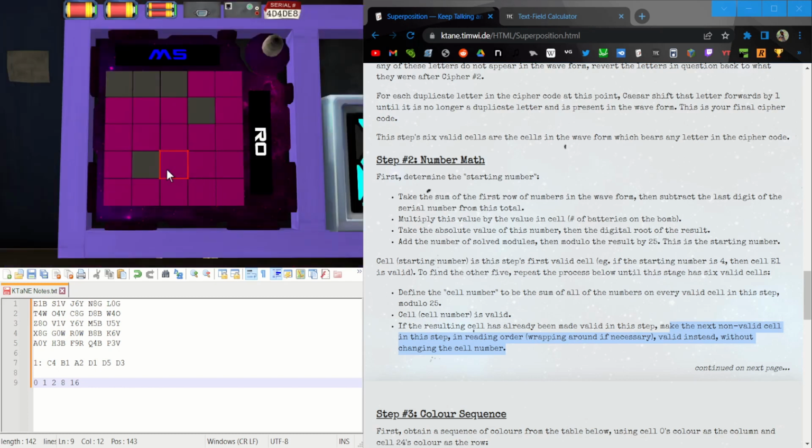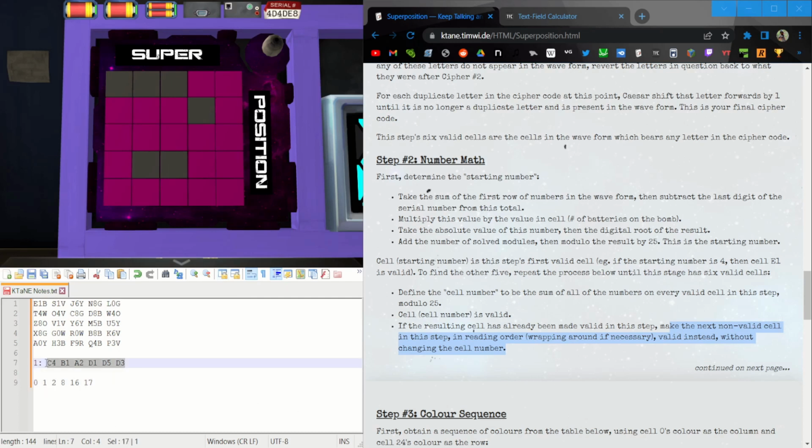In this case was 8. So because it's 0, we don't move, and we just take the next one, which is 17. And I like to put these in terms of actual grid notation like this. We have Alpha 1, Bravo 1, Charlie 1, Delta 2, Bravo 4, and Charlie 4. So those are the valid cells for the second subset here.